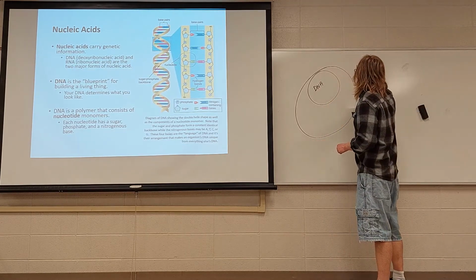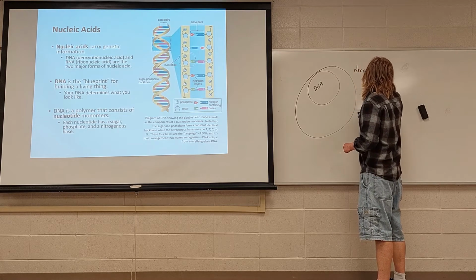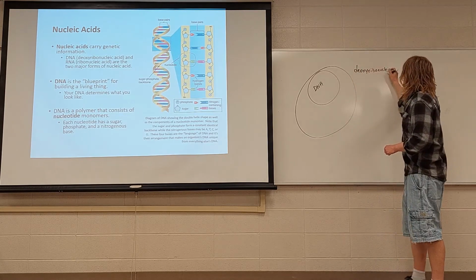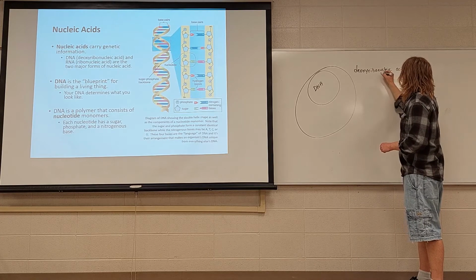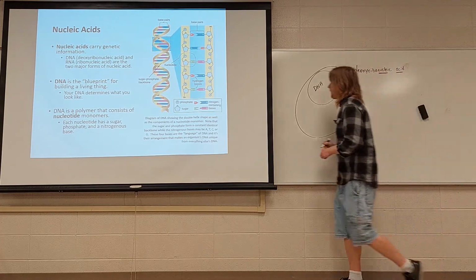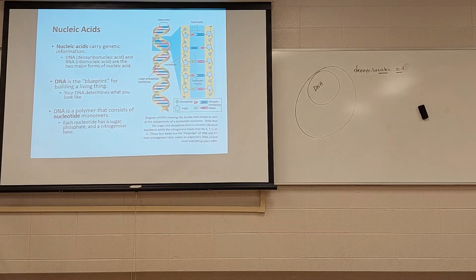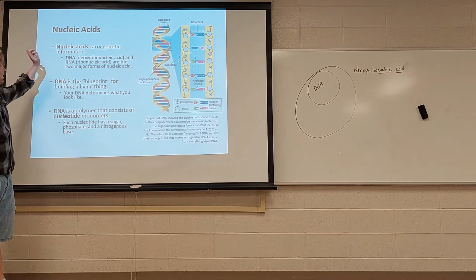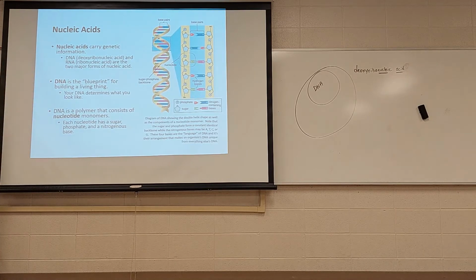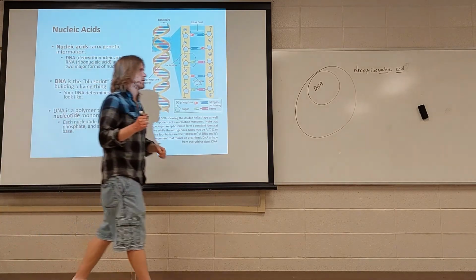DNA stands for deoxyribonucleic acid. So DNA is a type of nucleic acid. There's another kind called RNA, which we'll get to later. The DNA is the most familiar one.